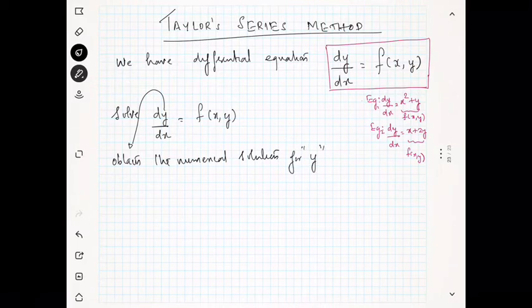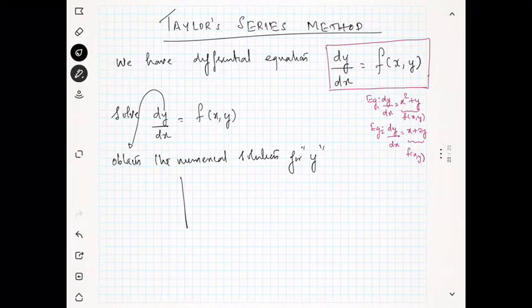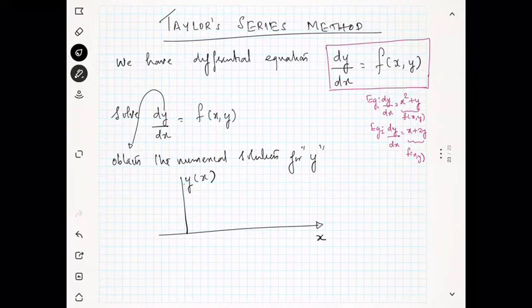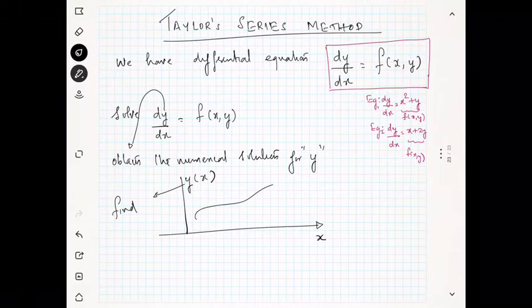What is the value of this y? So y is a function, a function of x, y of x. You want to find this y, this function. That is nothing but the solution.